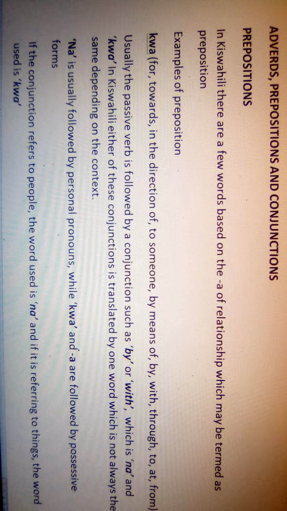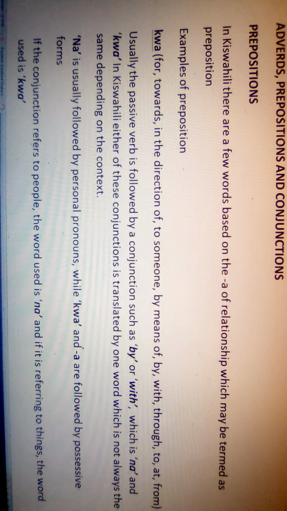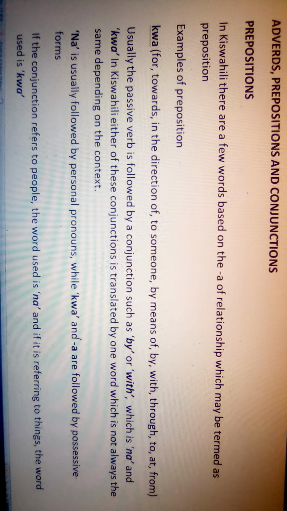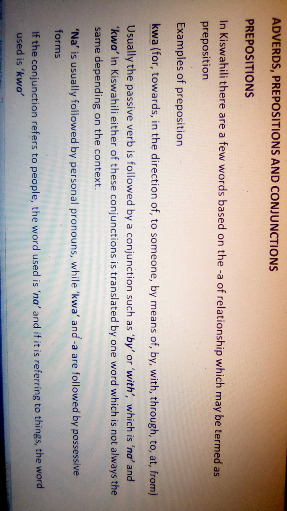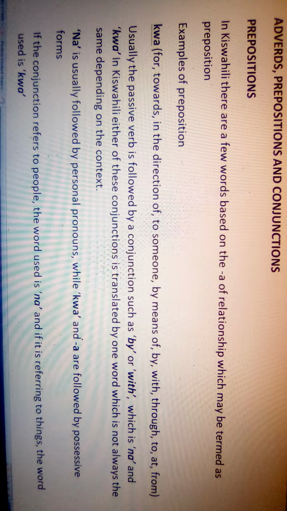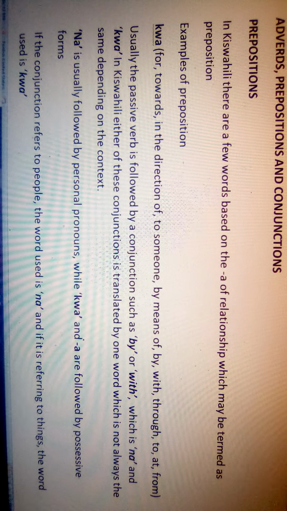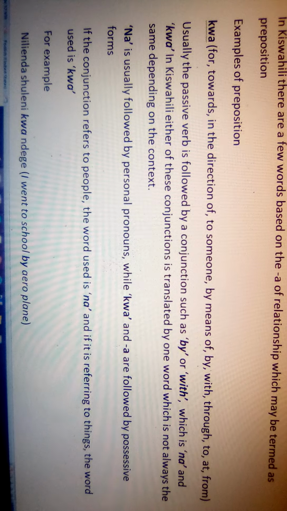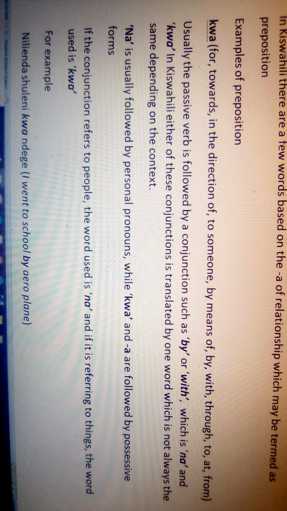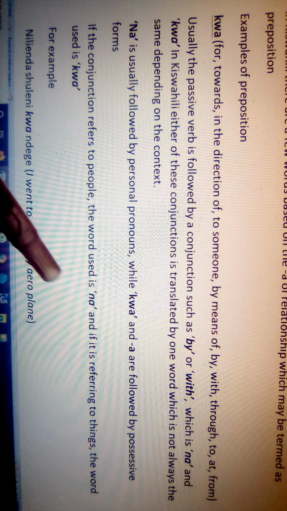Na is usually followed by a personal pronoun, while kwa is followed by possessive forms. These are some small rules which you have to follow. You have to just mark them and know them when you are using na and kwa.